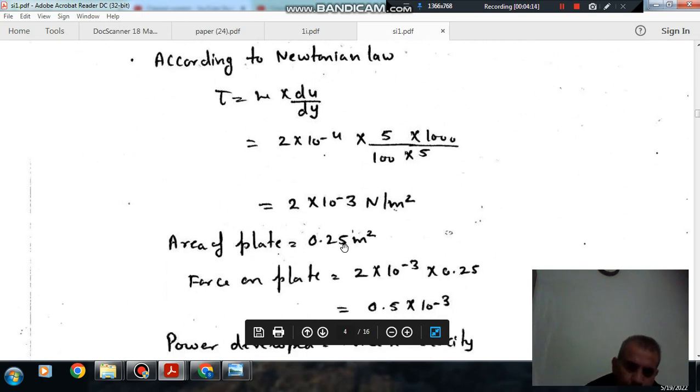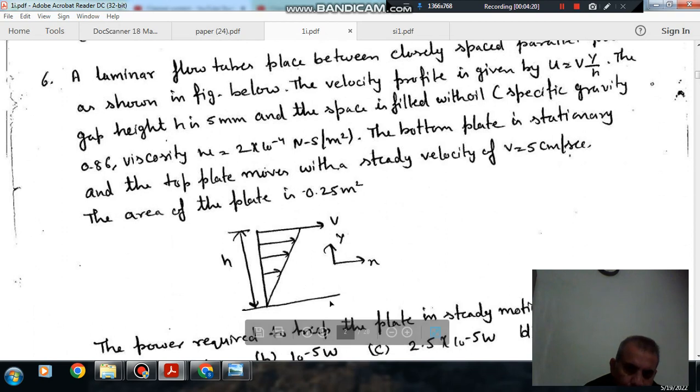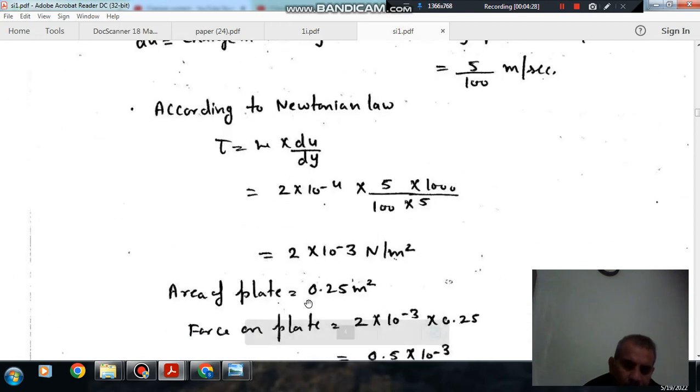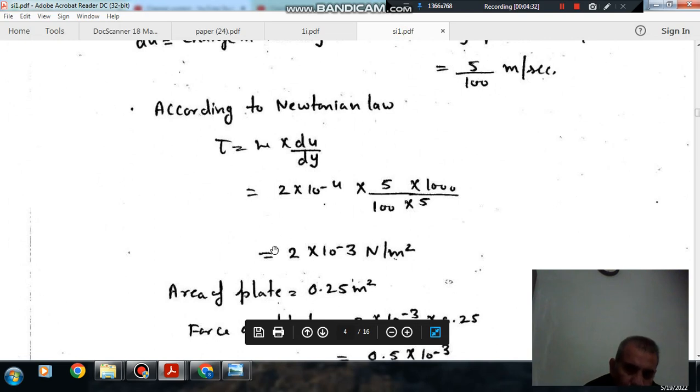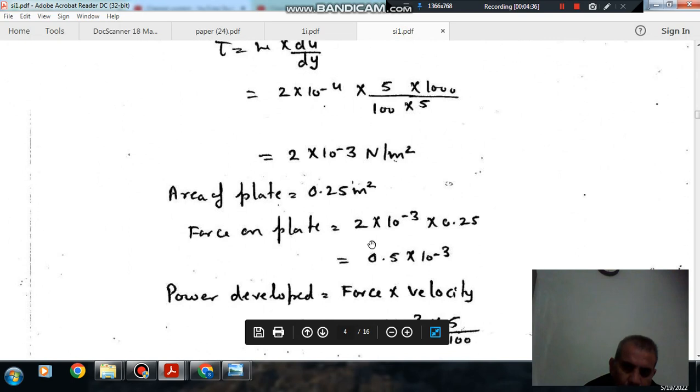The area of plate is given as 0.25. So this is your plate, and the area is parallel to the flow, parallel to the shear stress. So the force on the plate is 2 × 10⁻³ into 0.25, that is 0.5 × 10⁻³.